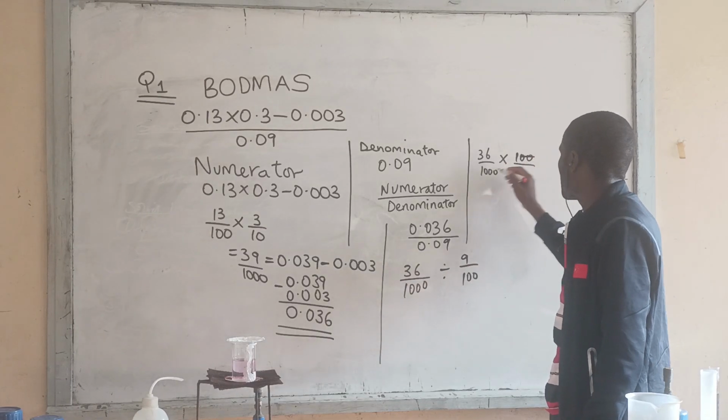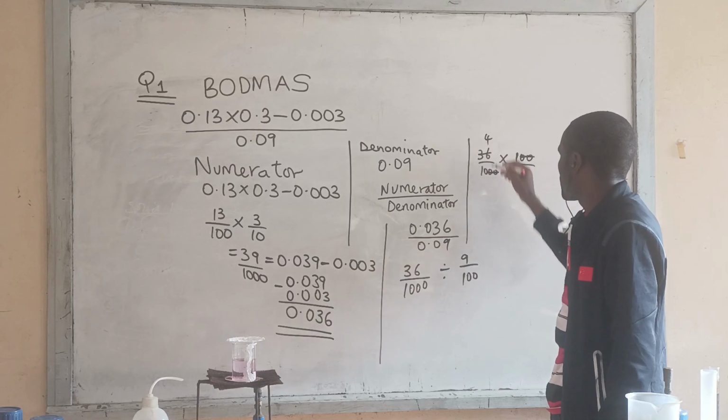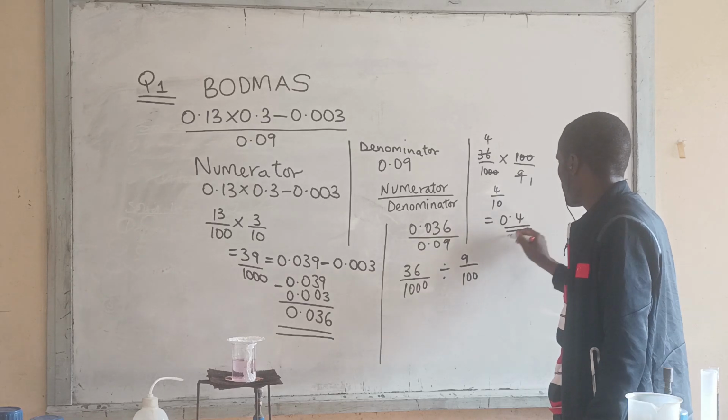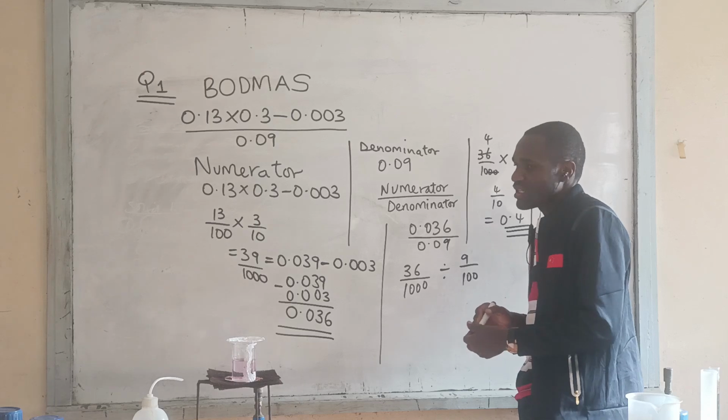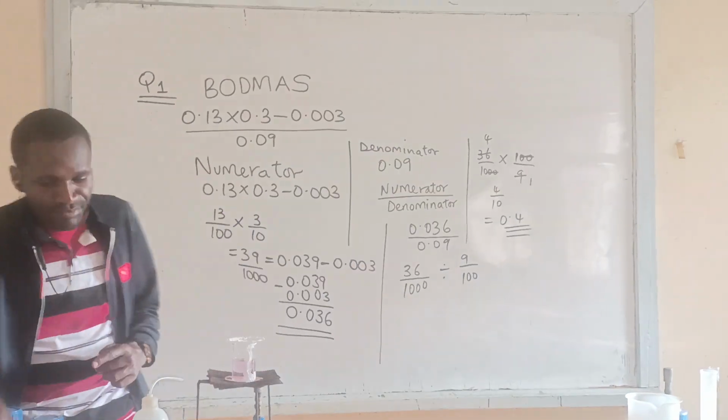Two zeros and two zeros disappear, then 9 into 36 is 4. So this gives us 4 over 10, which translates into 0.4. That becomes our final answer.